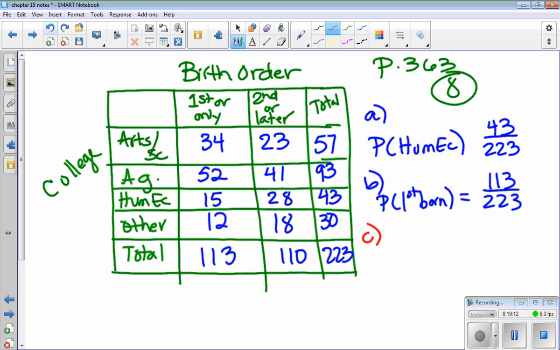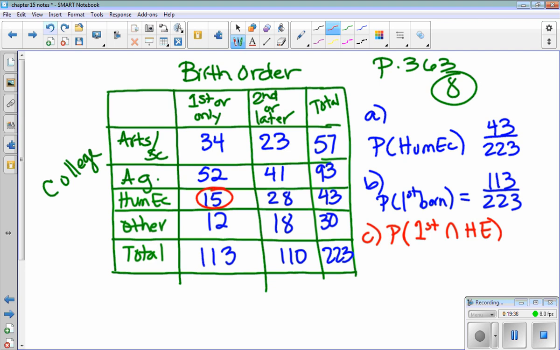C said, what is the probability that the person is firstborn and a human ecology student? Probability of firstborn and human ecology student. Well, using a contingency table, we can find that out pretty quickly because we're just going to look human ecology and firstborn.